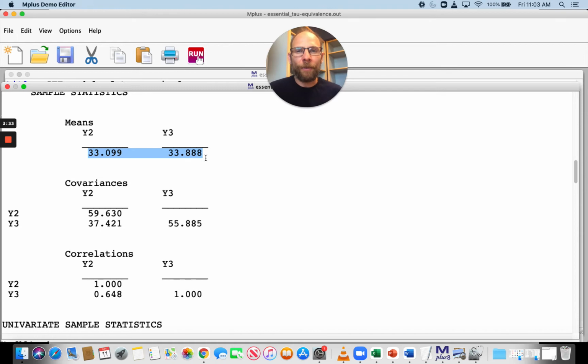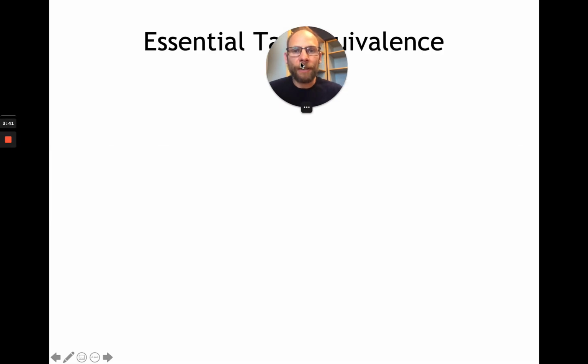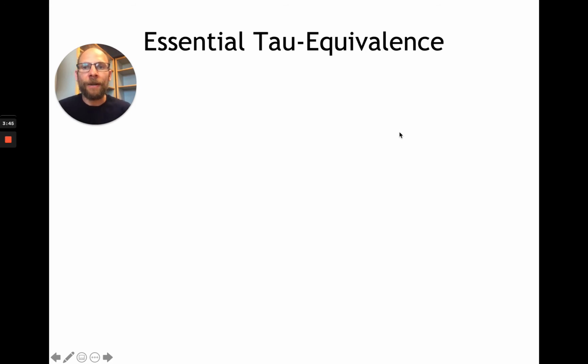Then what can we do if we find that tau equivalence doesn't work? And that brings us to the model of essential tau equivalence. With essential tau equivalence, we're making less restrictive assumptions than with tau equivalence. So strict tau equivalence implies that the variables must share the exact same true score, and that implies that they must have the same means.